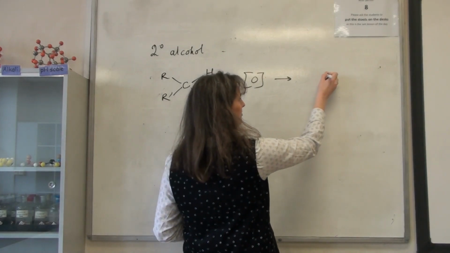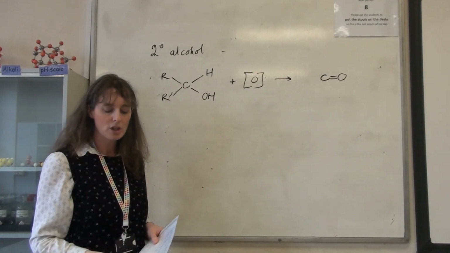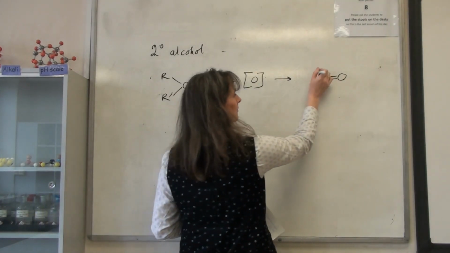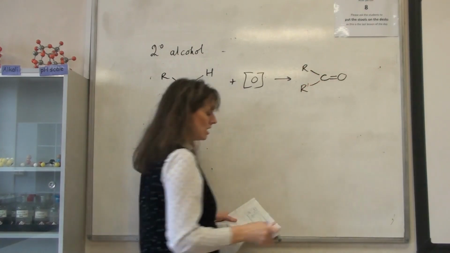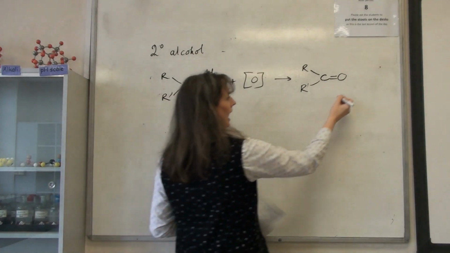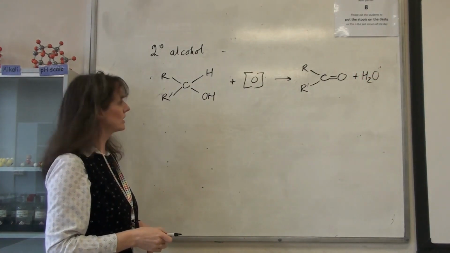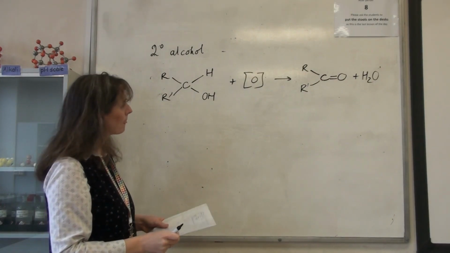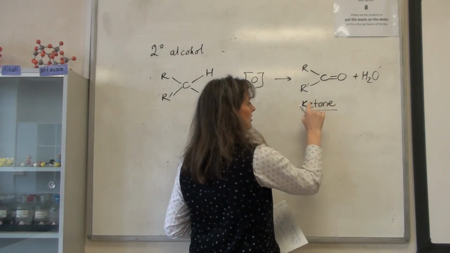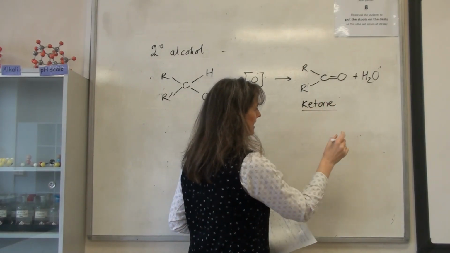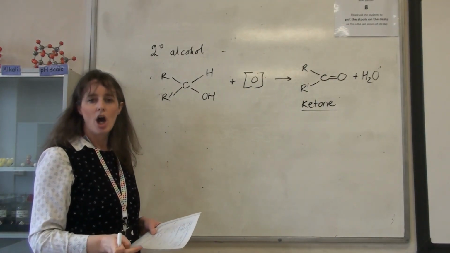And a ketone is another example of a carbonyl compound with a C double bond O. And just to reflect what I put on the left, we've got R and R dash. And again, to make that balance, we require the water. So this is a ketone. Note the spelling of ketones, no Y in ketone, K-E-T-O-N-E. And the names of those end in -one.